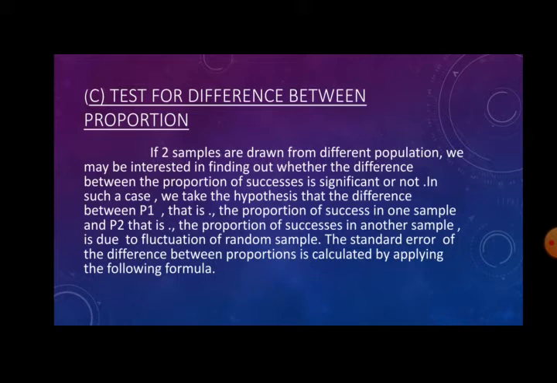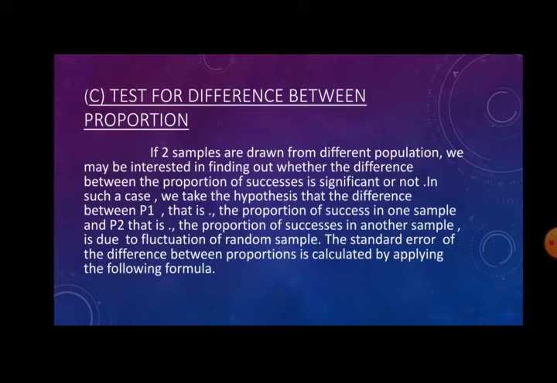The standard error of the difference between proportions is calculated by applying the formula. So here two samples will be there. In those two samples we are naming P1 for the proportion of successes of the first sample and P2 for the proportion of successes of the second sample.